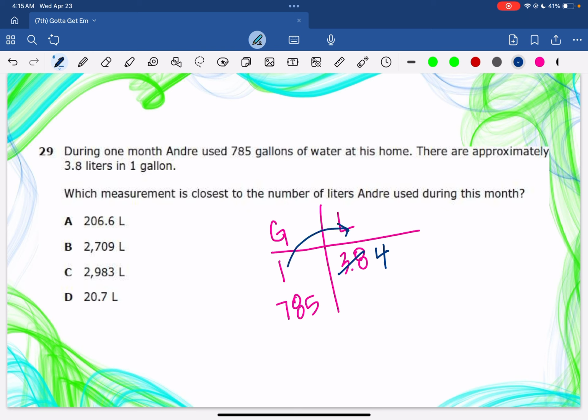So 1 becomes 4 by scaling it by 4. That means I'll scale this by 4. And so it's 785 times 4. So my answer is 3,140. So the only one that's the closest would be C.